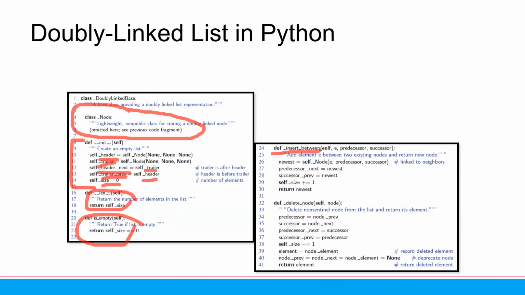Insert between. Now we are dealing with nodes. If we are going to insert a node, we want to insert the element E, and we need to check what the predecessor is and what the successor is. The predecessor is the previous one, and the successor is the next one.